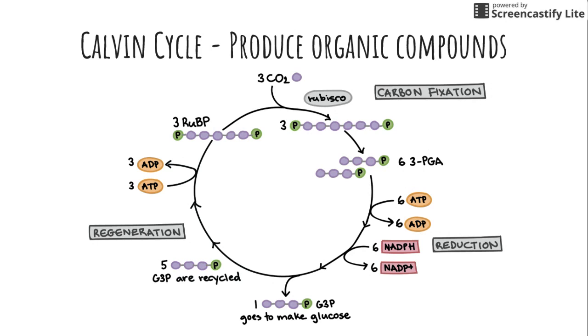And so then each 3-PGA is converted into another 3-carbon molecule called G3P, and that's done by getting a phosphate from ATP, a proton from NADPH, and then releasing a phosphate group to form the G3P. So one of these G3P molecules gets to leave the Calvin cycle and is used to make carbohydrates, but the remaining G3P molecules are converted back into RuBP through the addition of a phosphate group from ATP.